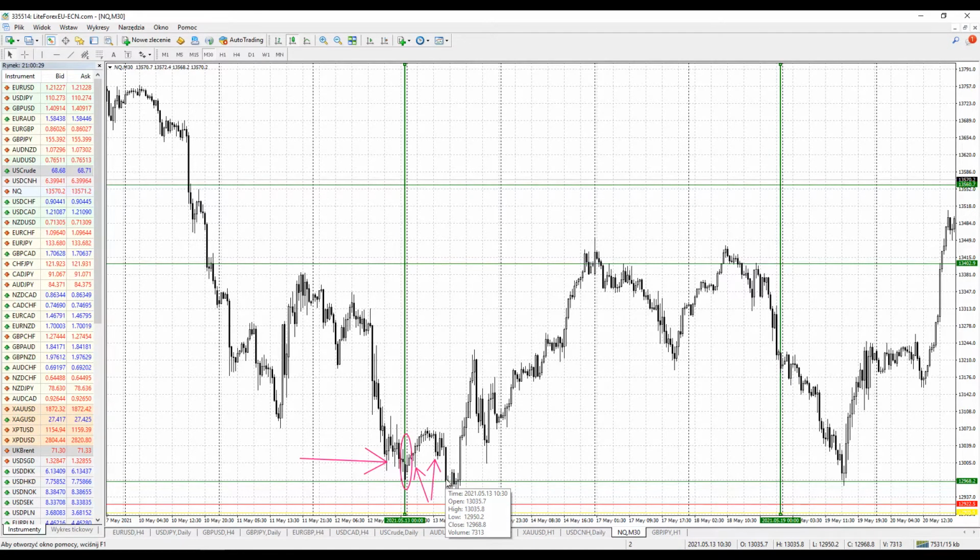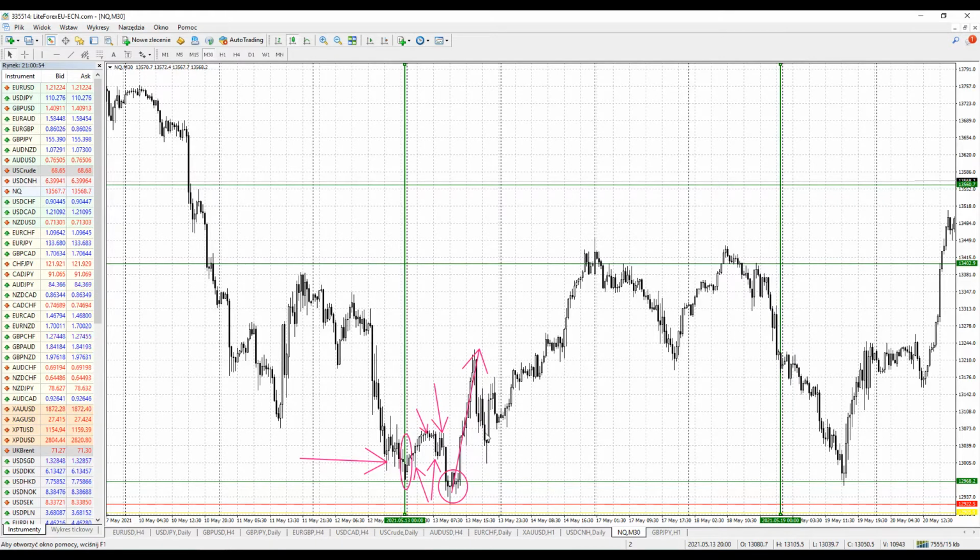Next was a push lower during the London session, over here, and then we went higher through all those supplies, through this one. We went higher.